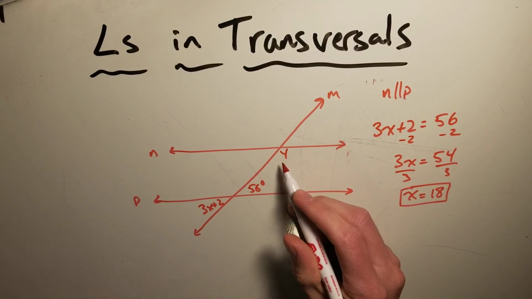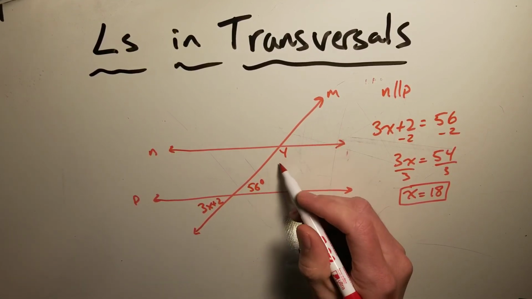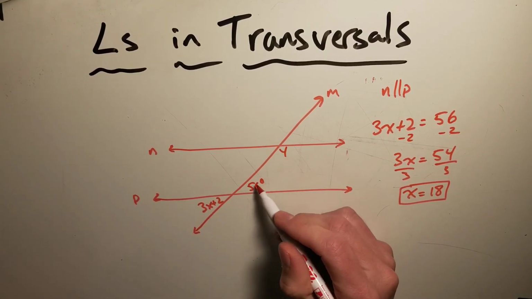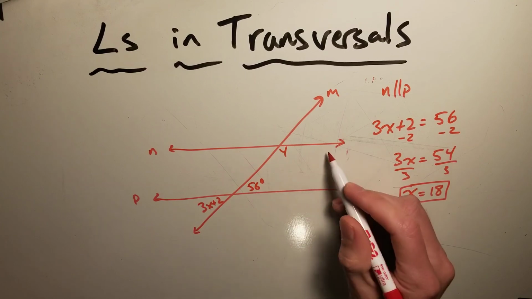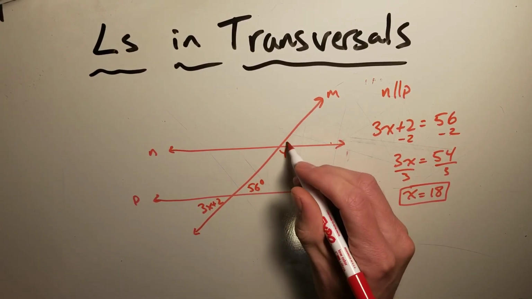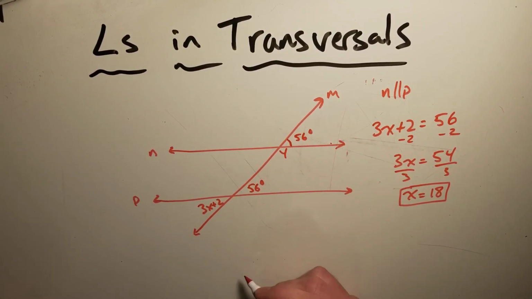Now to find angle y, it doesn't have any specific relationship that we know of with the 56 or with the 3x plus 2. But if we think about the 56, since these two lines are parallel, we know that the 56 corresponds with this angle up here, making this angle 56 degrees.